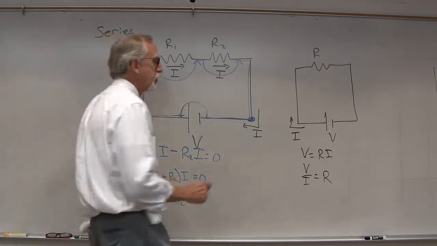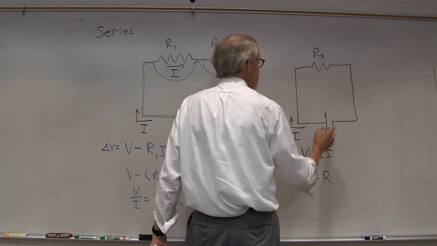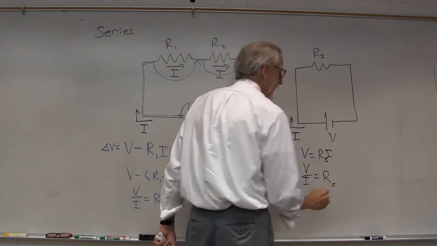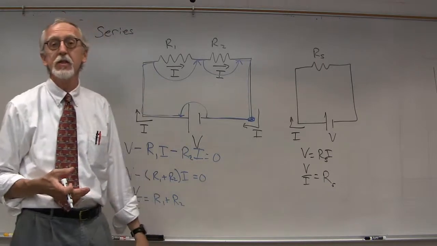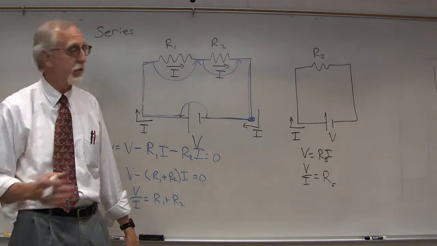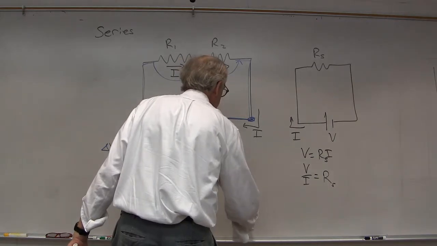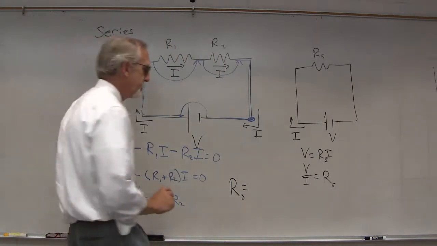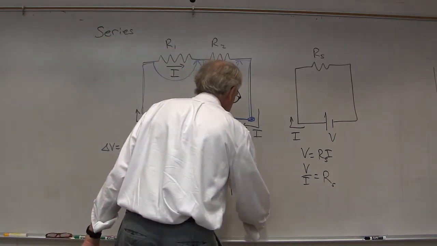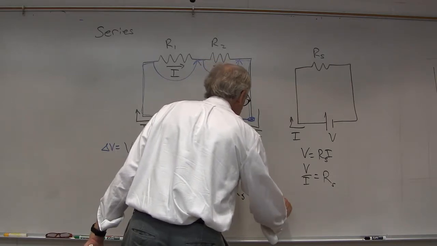For this particular circuit, we'll call the equivalent resistance R sub S. In other words, the equivalent resistance for resistors in series. And what we find is that the equivalent resistance for resistors in series is equal to R1 plus R2.